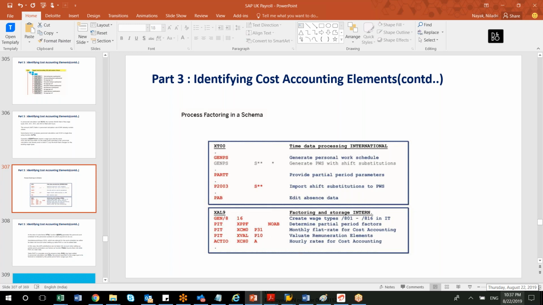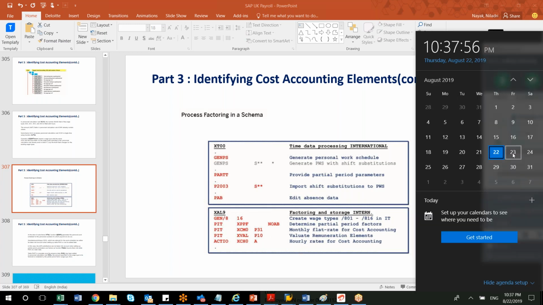And my morning shift is swapped with one of my colleagues. So in that case, there is only one small deviation. That deviation we can maintain in input type 2003, which is again from the time management module. You will be substituting one another on that particular day, with a different shift.